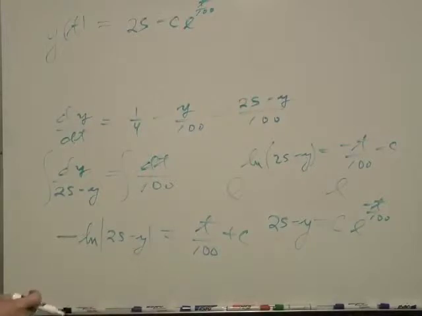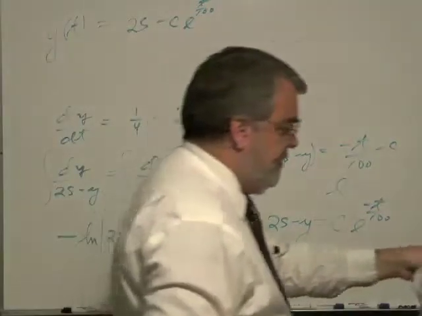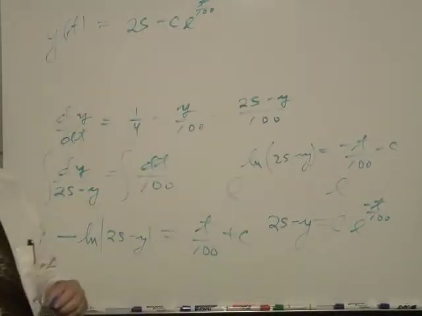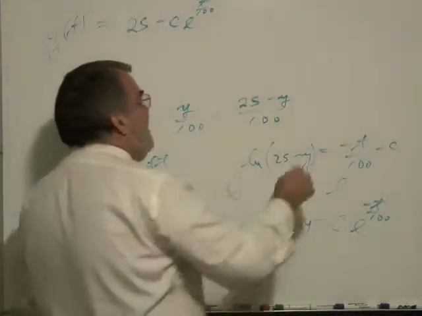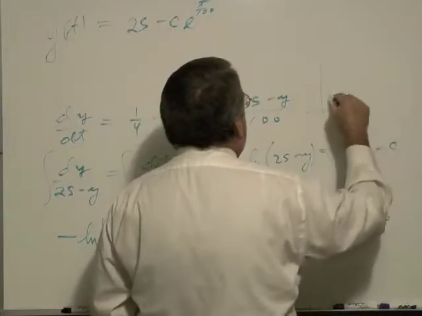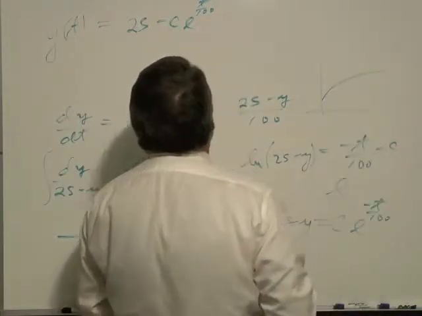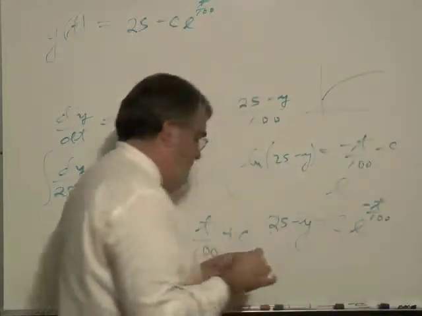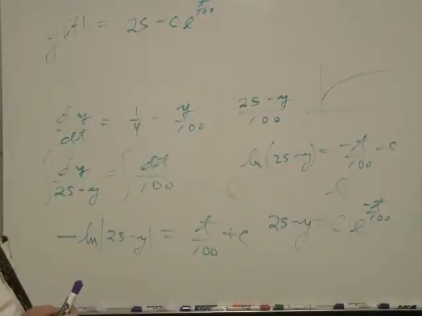There we go. Now this is exactly the kind of function I predicted. And not surprisingly, it goes like this, because it's 25 minus an exponential function.